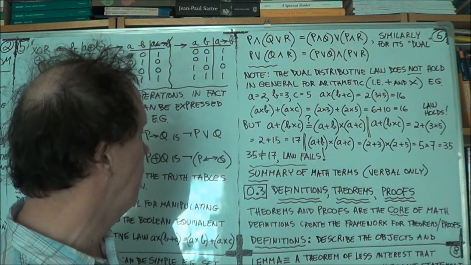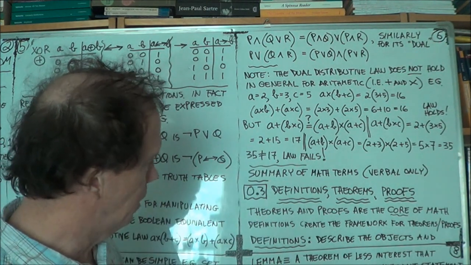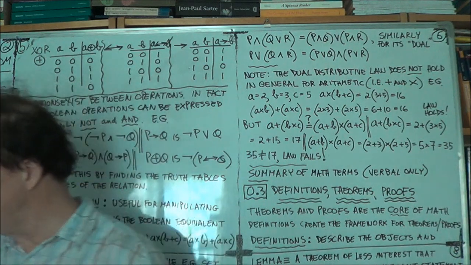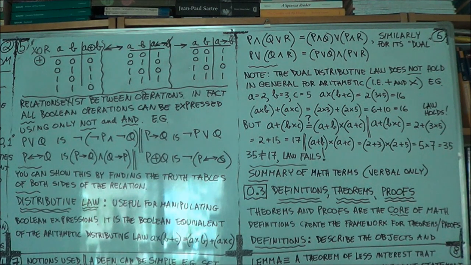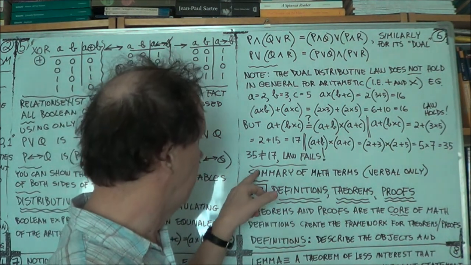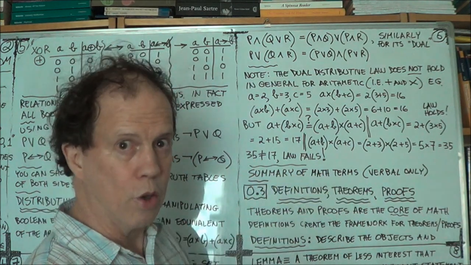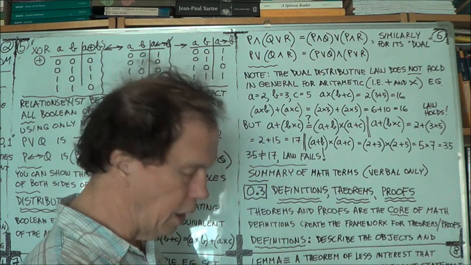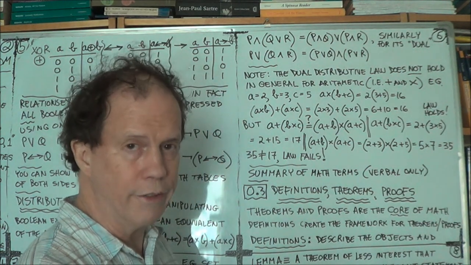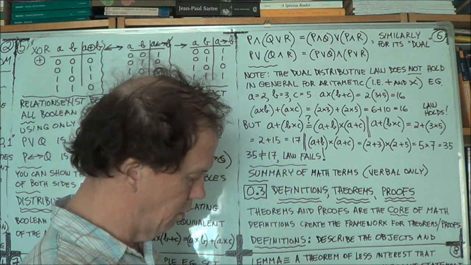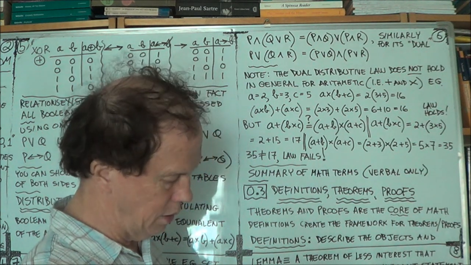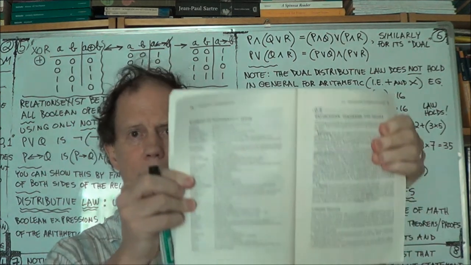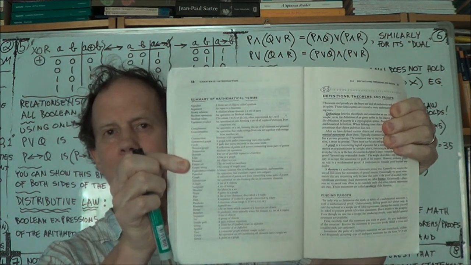Okay. All right. Now a whole new topic. In the textbook, there's a whole page that gives you a list of technical terms, definitions, that we have done up to this point. We're now on page 16, on the left hand side of the text.